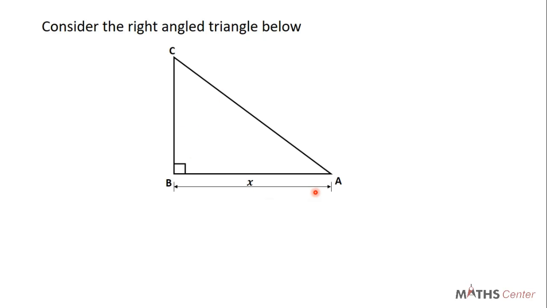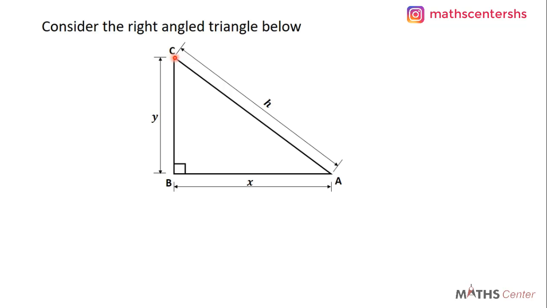Let's say that we call the length of AB, that is the distance between A and B, X. The distance between B and C, we call Y. And the distance from A to C, we call H. The hypotenuse is the longest side of the right-angled triangle.